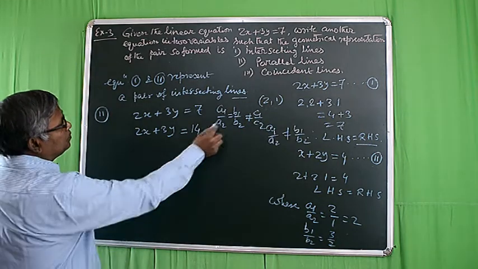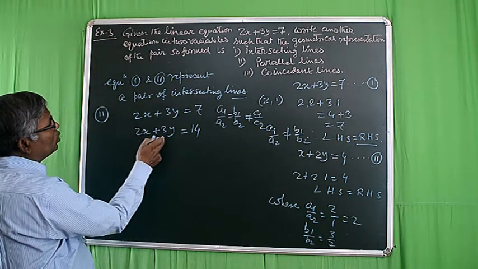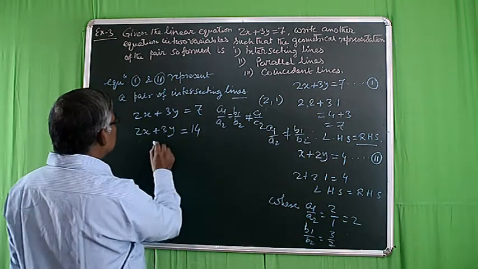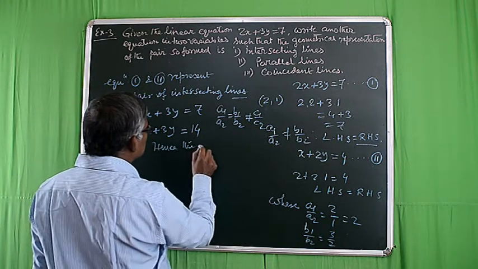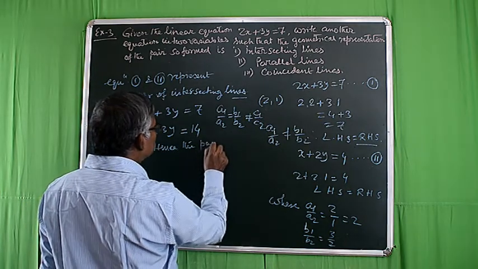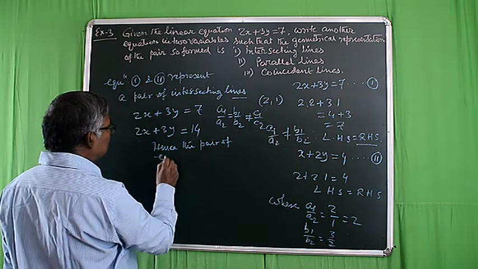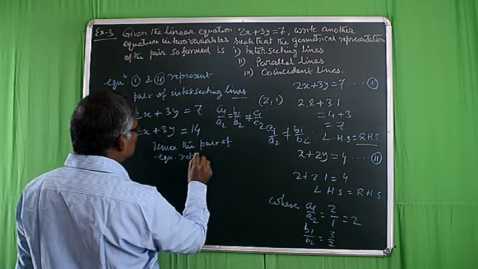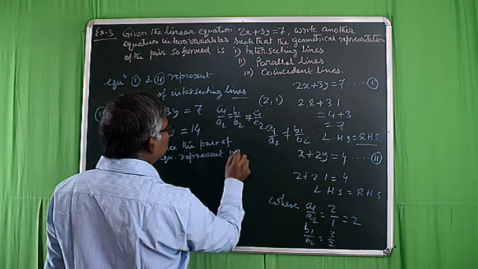Clearly a1 by a2 equal to 1, b1 by b2 equal to 1, but c1 by c2 equal to half. Hence this pair of equations represent parallel lines.